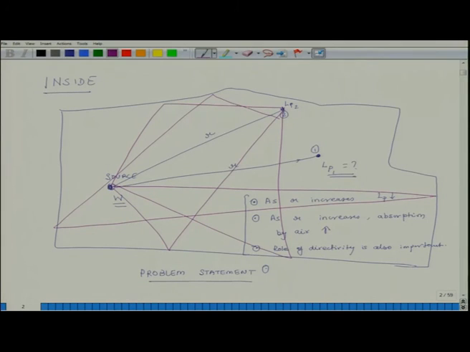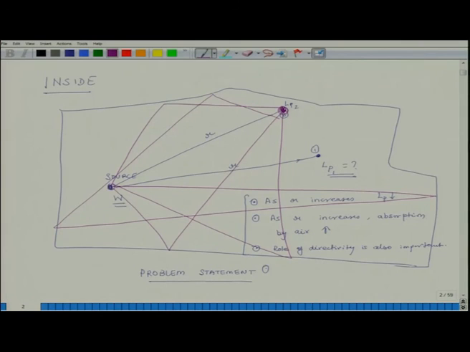So, some sound reaches the point of interest directly and some sound reaches there after getting reflected. If it reaches this point of interest after only one reflection, the reflected amount of sound will be absorbed by a lesser amount, but then it will again go and hit another wall, it will again get reflected. So, with each successive reflection, the amount of sound which reaches the point of interest becomes less and less.